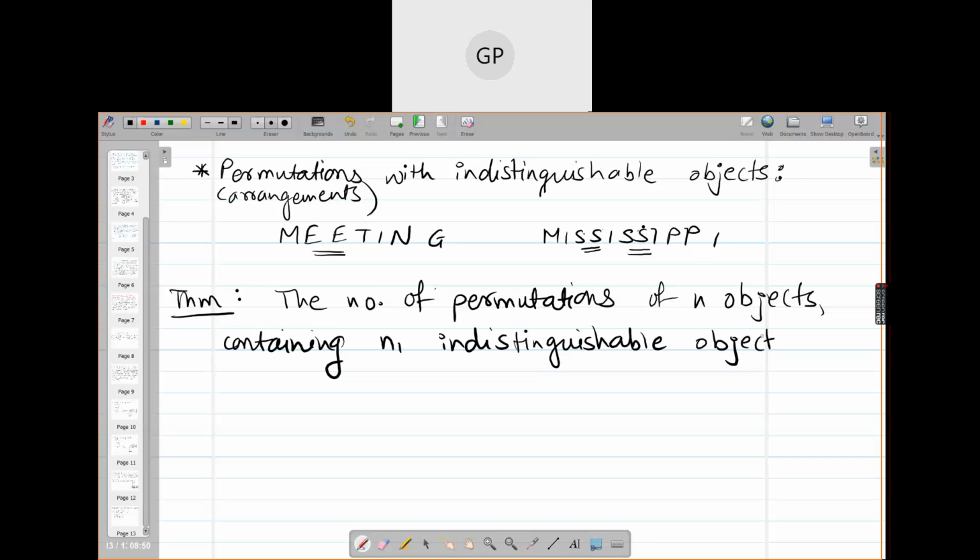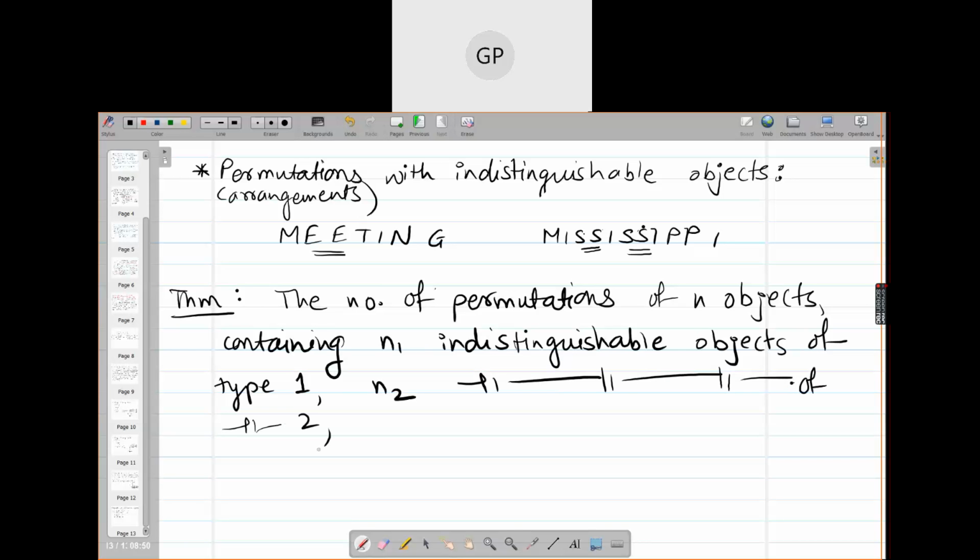Indistinguishable means you cannot distinguish, you cannot classify. n1 indistinguishable objects of type 1, n2 indistinguishable objects of type 2, and so on, nk indistinguishable objects of type k.